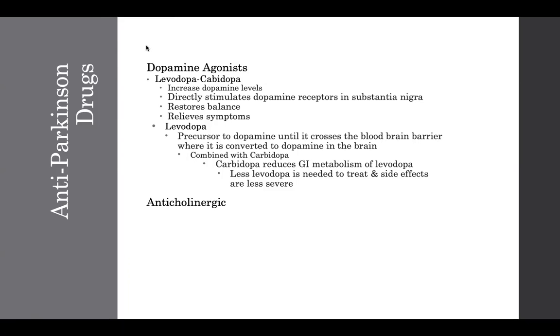So like I said, it can help reduce or control those muscle tremors and rigidity, but it will not relieve any of the bradykinesia that occurs. And it's also absorbed in the GI tract. It'll peak in 1 to 4 hours. It is metabolized in the liver and excreted by the different cellular pathways.